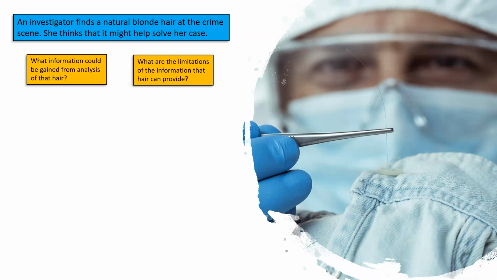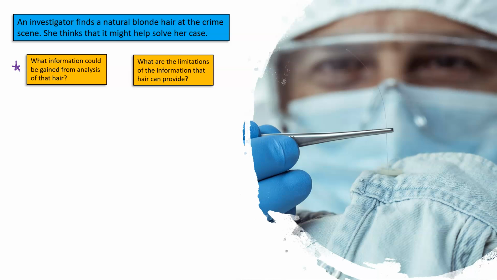What information can be gained from analysis of that hair is one of the first questions that investigator will ask herself. What piece of information can I get as an investigator from a hair that I just found at a crime scene? It may be completely irrelevant to the crime scene, to the victim, or to the suspect.